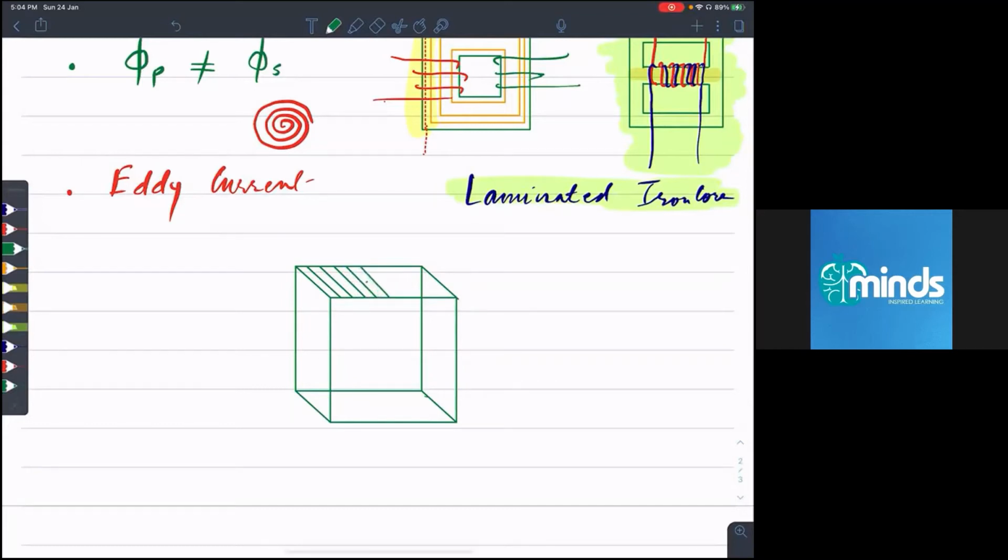And what will be the advantage of it? I will surely explain. Let me draw a few. Okay, it will be something like this.